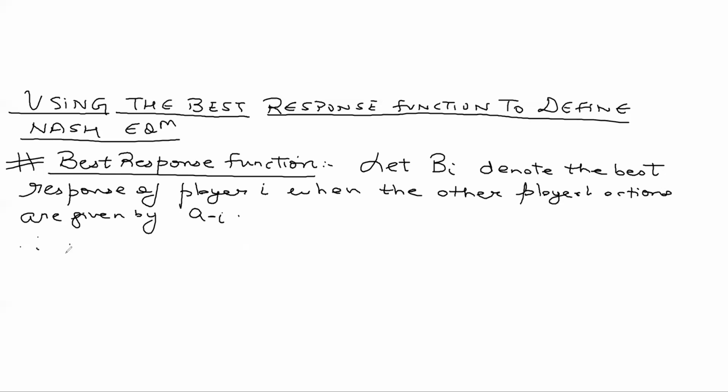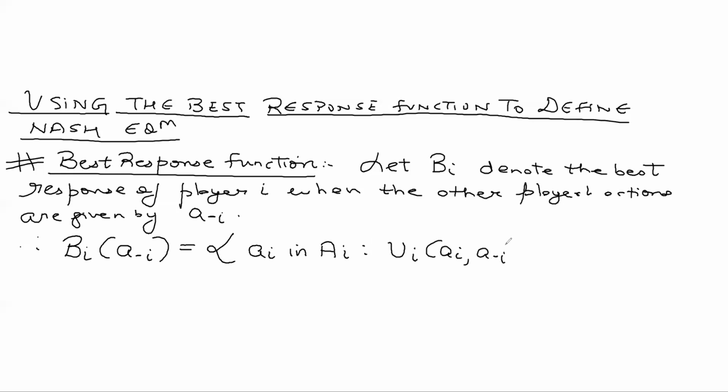Therefore, best response of player i when all the other players are playing the action a_{-i} is nothing but a_i lying in the set capital A_i such that the utility which player i gets from a_i when all other players are playing the action a_{-i} is greater than or equal to the utility which player i gets from some other action a_i' when all other players are playing a_{-i}, for all a_i' lying in the set capital A_i.